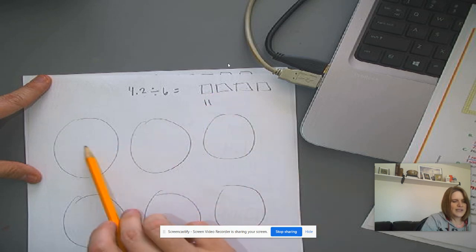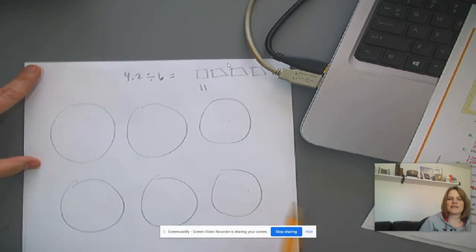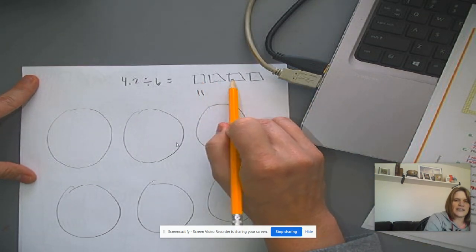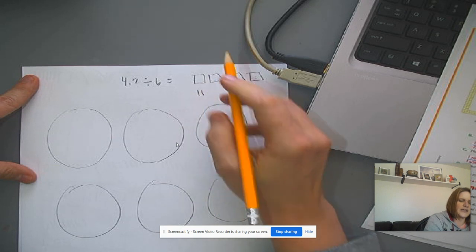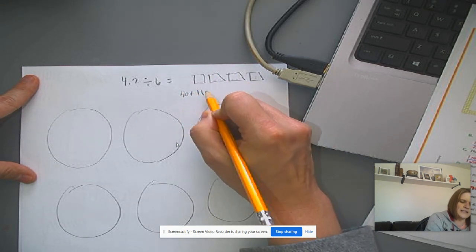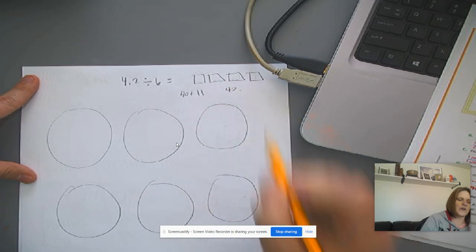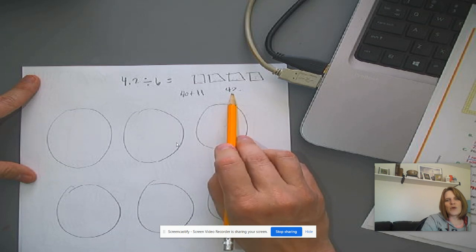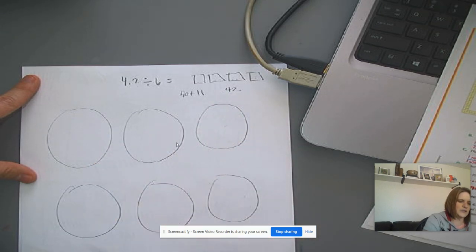Do I have enough to give everyone in the group 6? I don't. So what do I need to do? I need to break them up. So these are going to each be 10, right? So now I have, and I'm not going to draw it again, I have 40 plus these 2. So now I have 42. Okay, so now I need to divide up my 42 hundredths among the 6 groups.